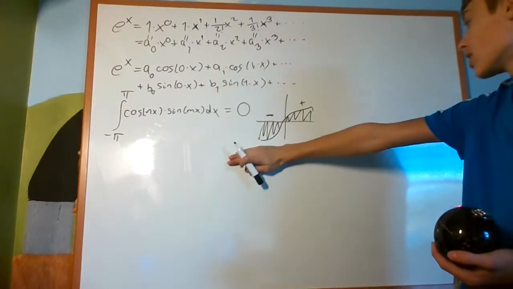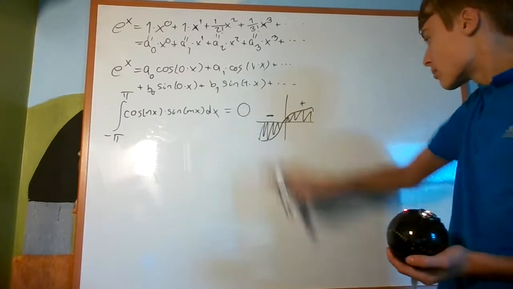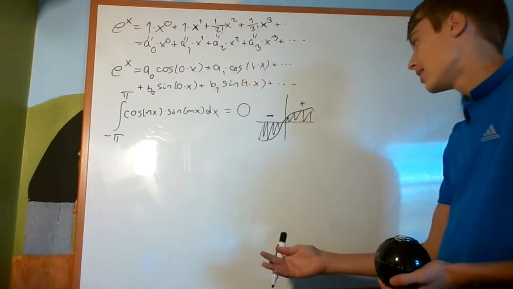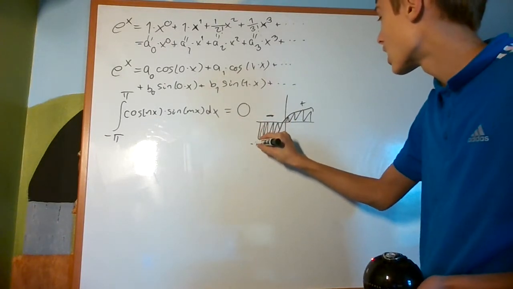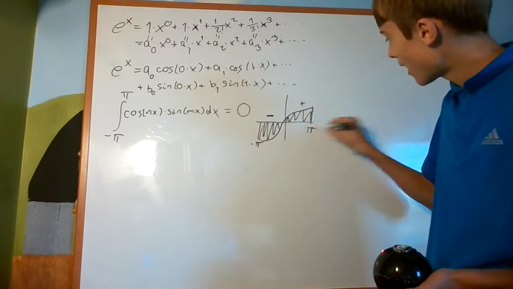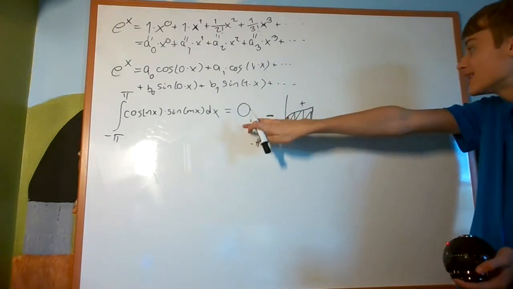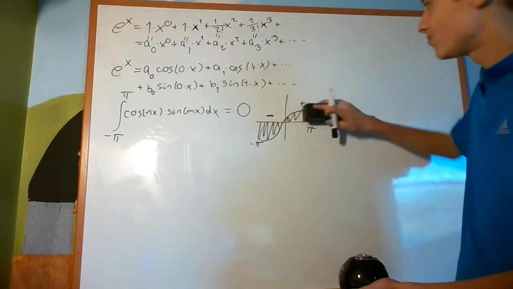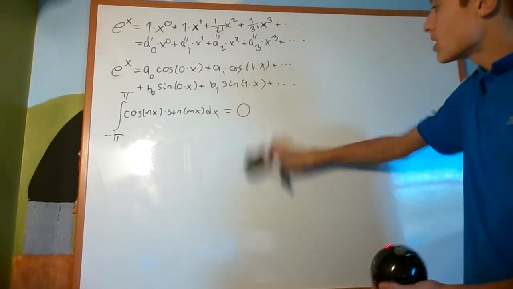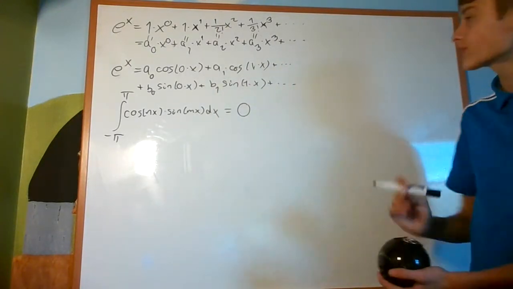And remember, all of these values are going to be the same, but negative. So this negative area right here is going to be negative pi, right there is going to be pi. That negative area exactly cancels out with that positive area, and we get 0.